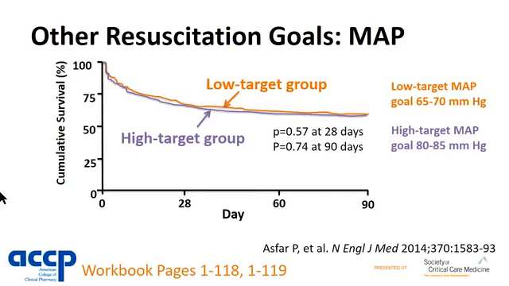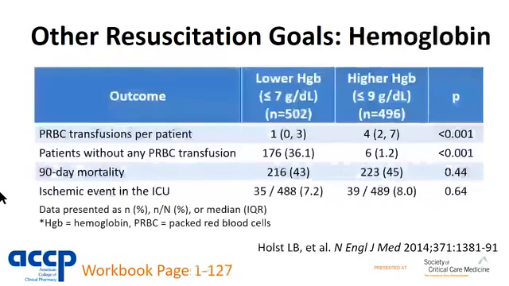One piece that I will point out, though, is patients who had baseline hypertension who were randomized to the higher MAP target actually had a lower need for renal replacement therapy. And so it goes to show that you need to target your resuscitation and endpoints to individual patients. Some patients may have shifting of their zone of autoregulation, and you may need to target higher MAPs in those patients to improve end organ perfusion.